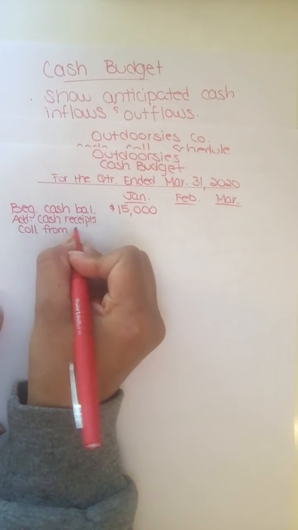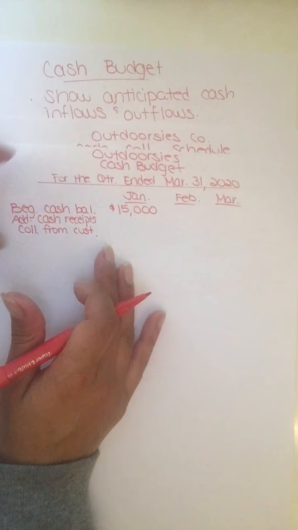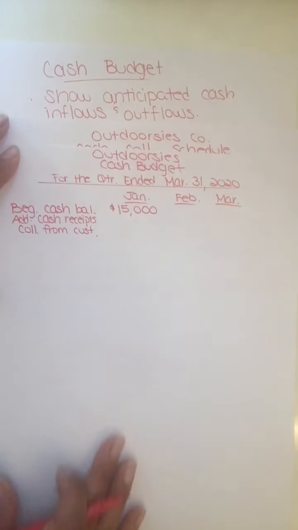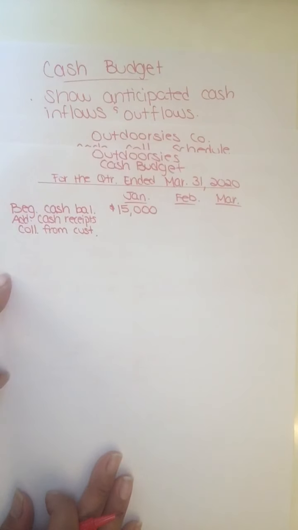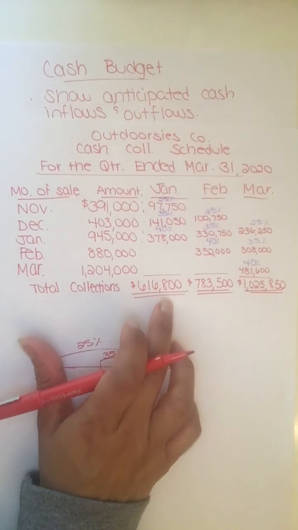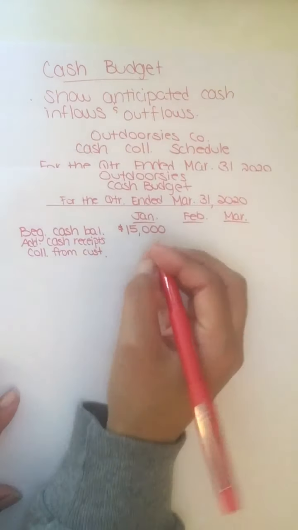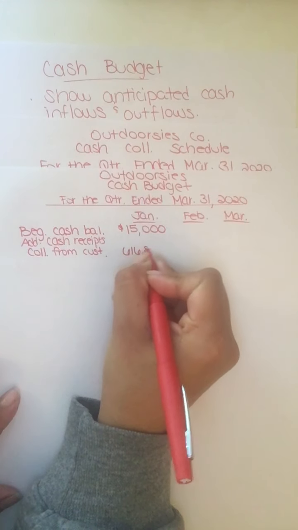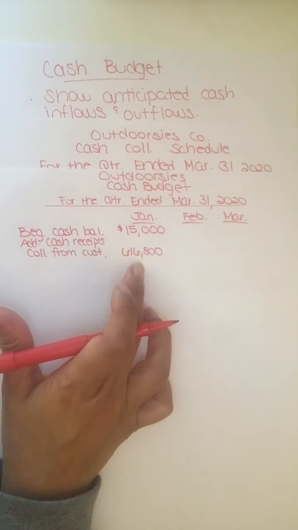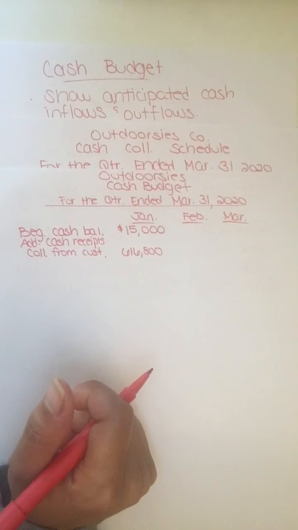This comes from your cash collection schedule, because again, it's so much work it would be too much here. We already know the cash budget is big enough on its own. So you're just going to take your total: total collections for January, 616,800, will move here.